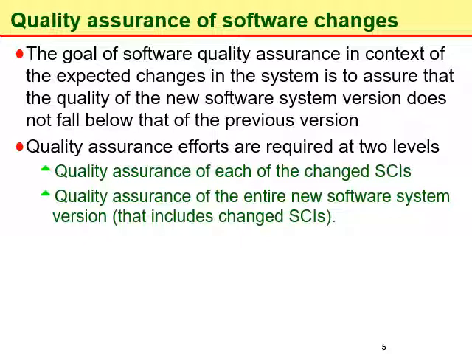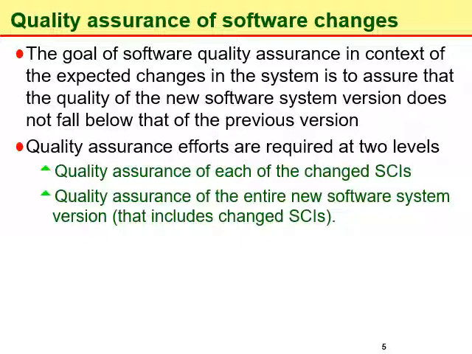So quality assurance efforts here are actually required at two levels, that is quality assurance of each of the changed software configuration items and quality assurance of the entire new software system version that includes changed software configuration items.